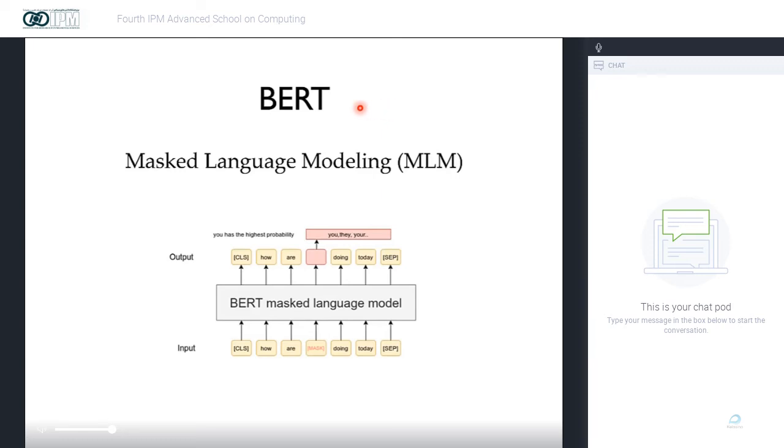The main training objective in BERT and many of its derivative models is something called masked language modeling, or MLM. The idea is that in the input sentence you cover a word or a number of words, and then you ask the model to guess what was the masked word. So let's say you have 10 words, you mask 1 or 2 of them, and then at the output time what you ask from the model is to guess what was the word in this place which was masked or covered at the input time.